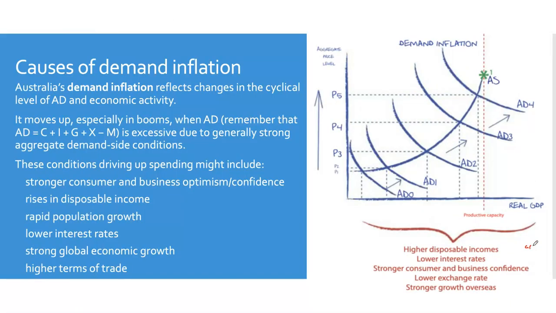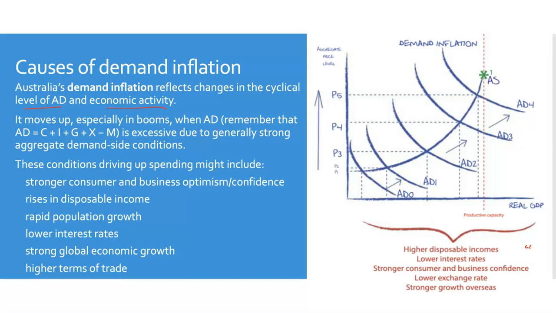So what are the causes of demand inflation, or a shift to the right in the aggregate demand? We're recognizing that aggregate demand can be cyclical, and a change where it increases, where we have an increase in the level of demand and economic activity, can result in inflation.